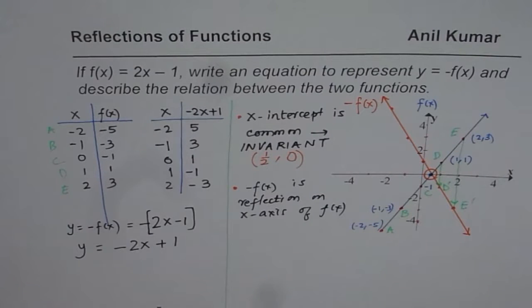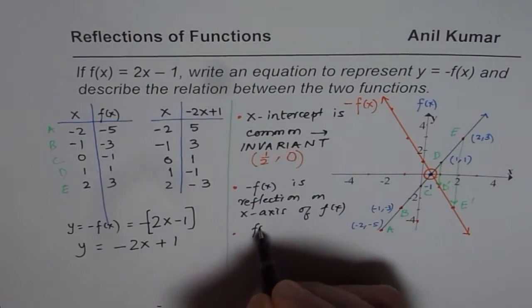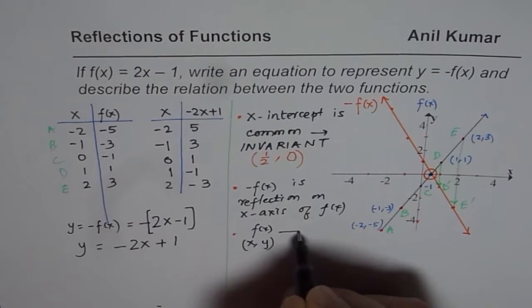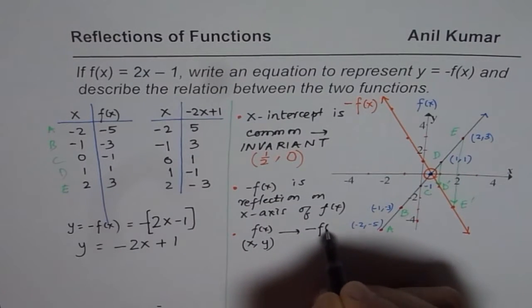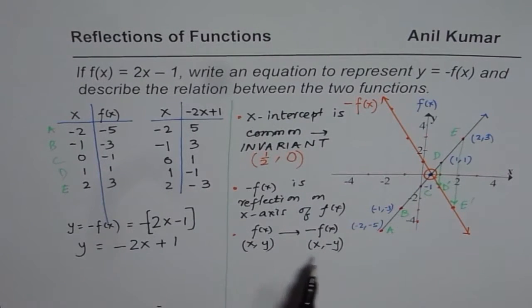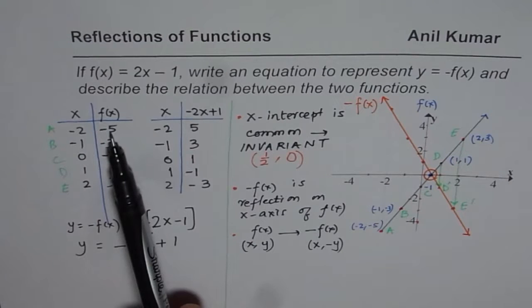Now in terms of coordinate points, what you will observe is that any point in general, if on f of x the point is, let us say, (x, y), then on minus of f of x, for the same value of x, we will have the negative y value. So that is how the points will change, right? So you have seen here (x, y), and it is x, minus of this value.